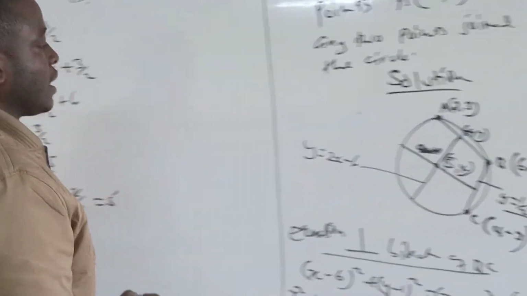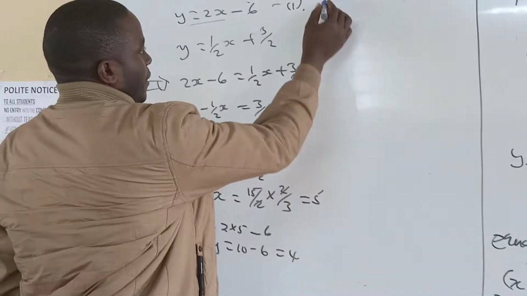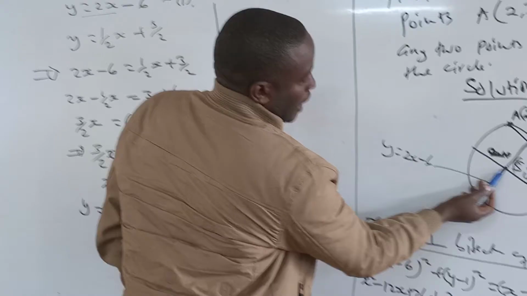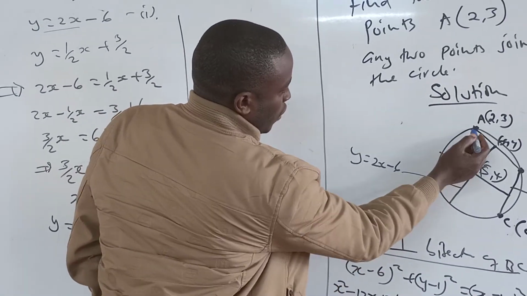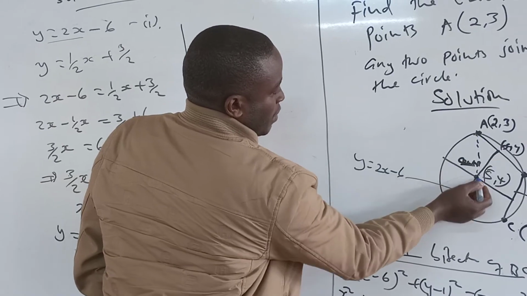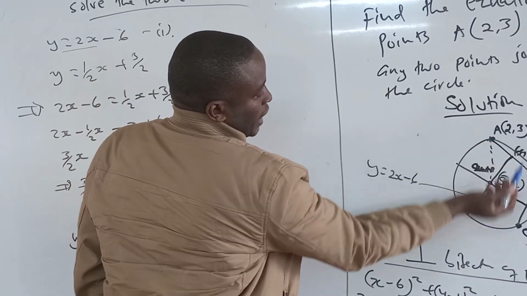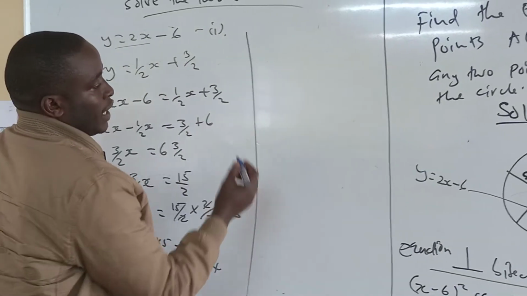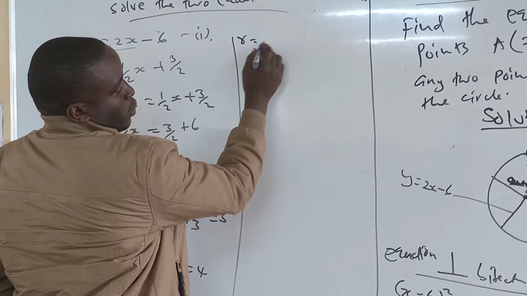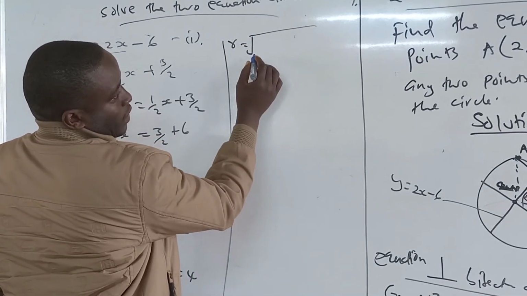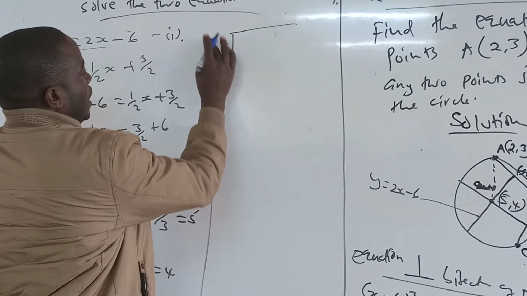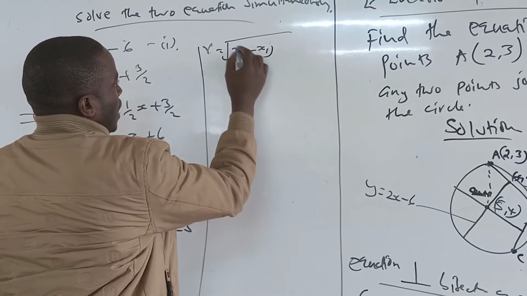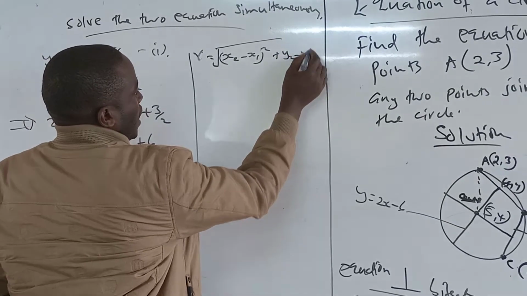So if that is the center, we can now easily find the radius. When you have the center, we can use the center and any other point. If you go from here to here, this becomes the radius. So if I use the point A and the center, I can find the radius using the distance formula. The radius equals the square root of x2 minus x1 squared plus y2 minus y1 squared.